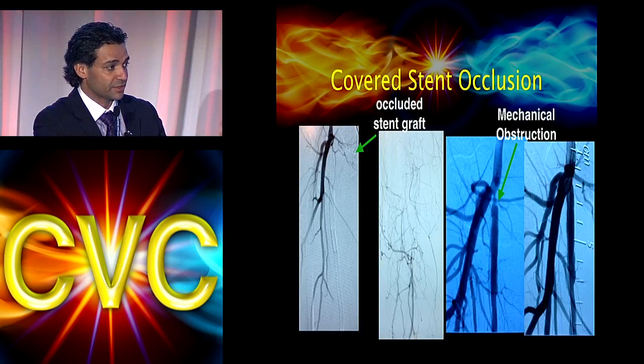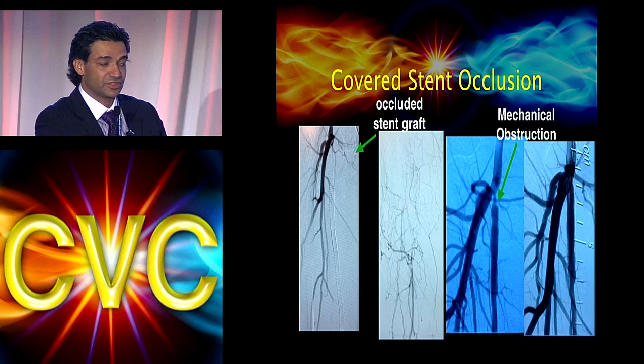This is a situation where we had an occluded stent graft, as you can see, with ostial occlusion and reconstitution of the popliteal artery. As I mentioned before, most of these are due to either an inflow or an outflow obstruction. After thrombolytic therapy and the power pulse technique with 7.5 milligrams of TPA, you see that it's a very focal mechanical obstruction that caused this thrombotic process.